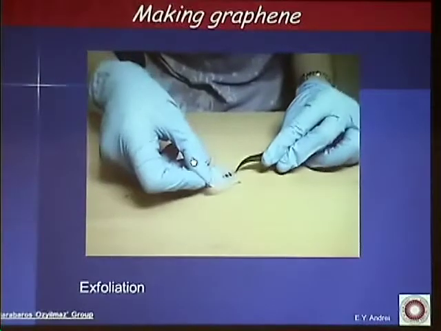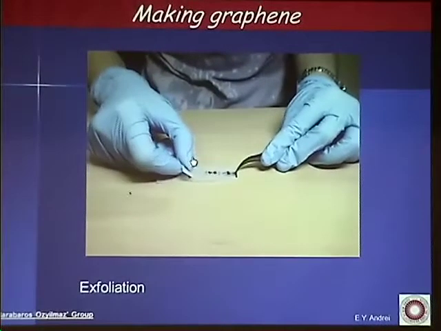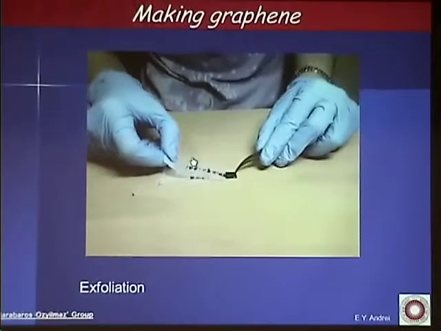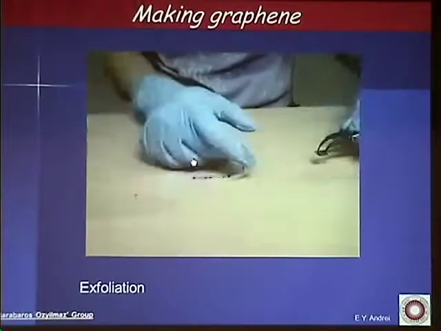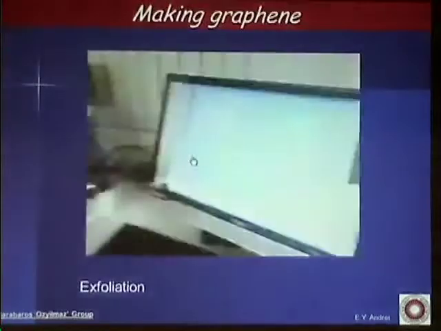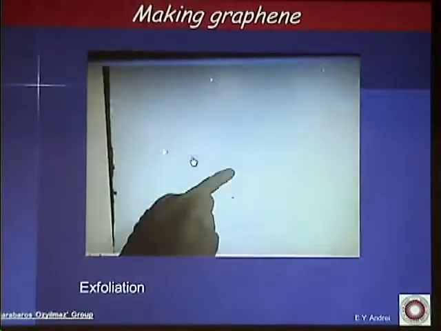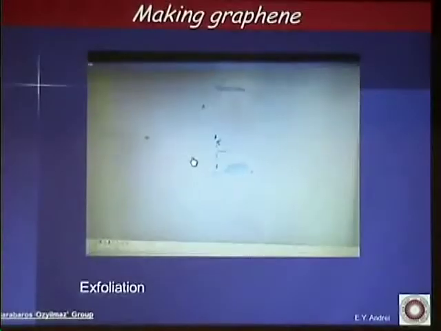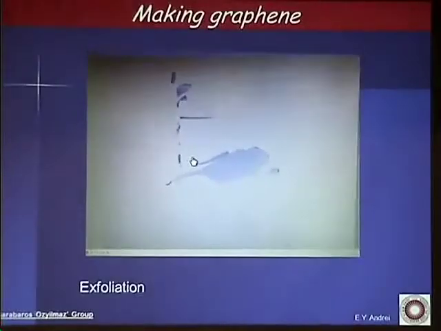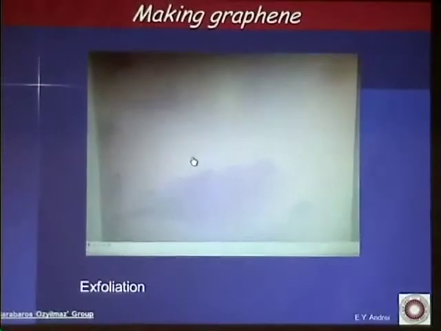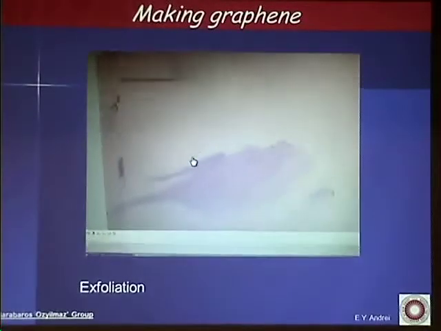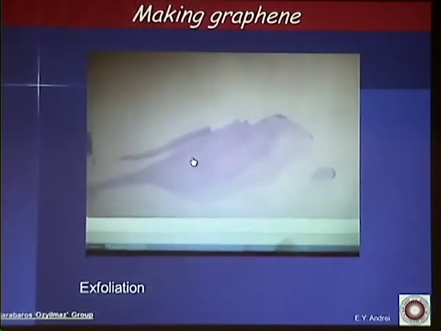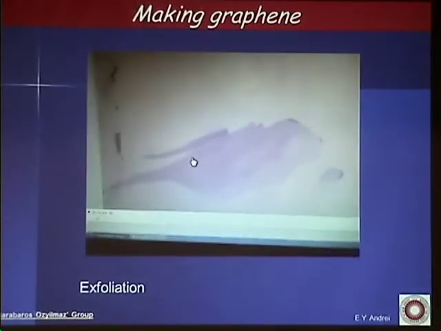Slowly peel off the scotch tape so as not to break any potential graphene sheets. Use an optical microscope to view and find graphene. Graphene appears as a purple spot on the screen. At the center of the screen is multi-layer graphene, and at the lower right corner of the screen is single-layer graphene.